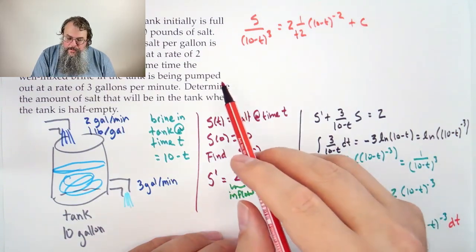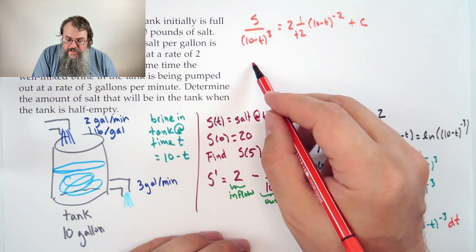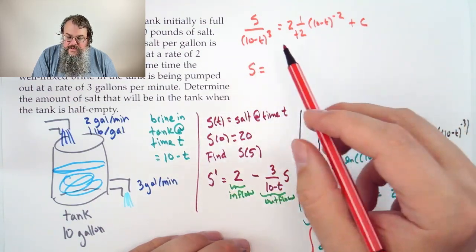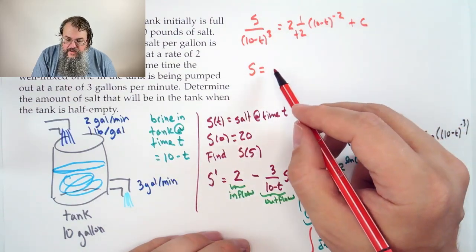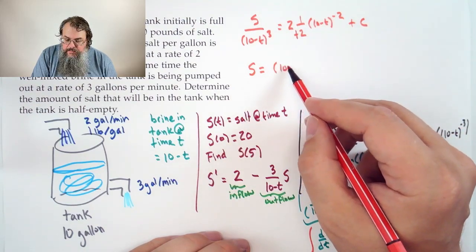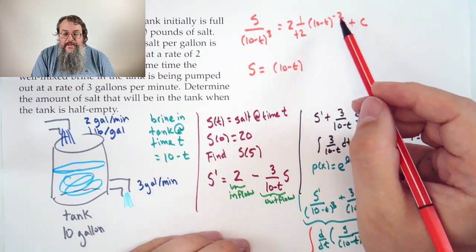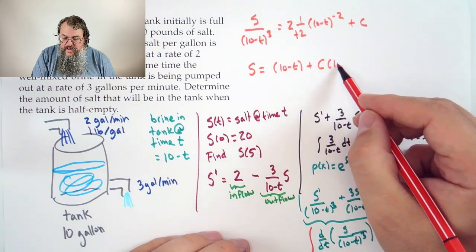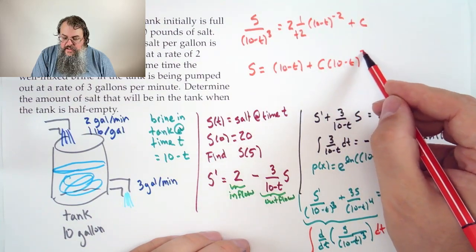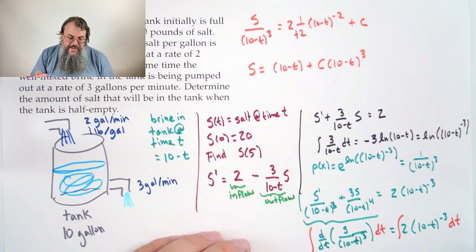All right, multiplying through, and what do we get? Well, we get s is equal to, so we're multiplying by 10 minus t cubed, 2.5 cancel. So we get 10 minus t to the 1, 3 minus 2 is 1, plus some constant c times 10 minus t cubed. All right. Well, we need some initial conditions.